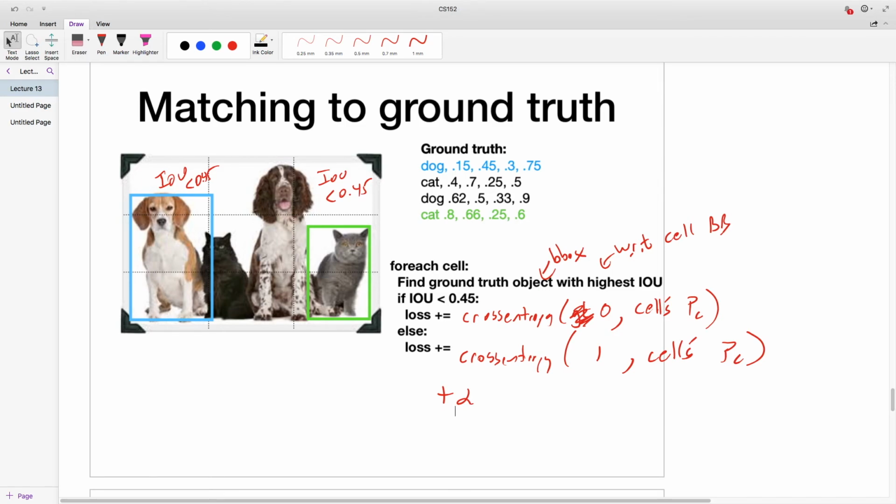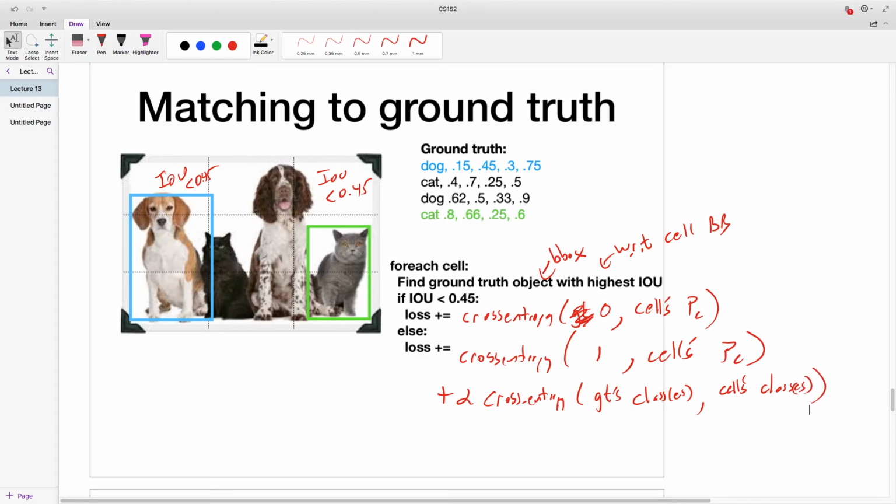How else could we go wrong? So we incorrectly predicted whether or not there was an object or not. Second, category. So we'll do, let's say, cross entropy on the ground truth's class. I'm putting really classes, right, because it's all of them, along with the cell's classes.